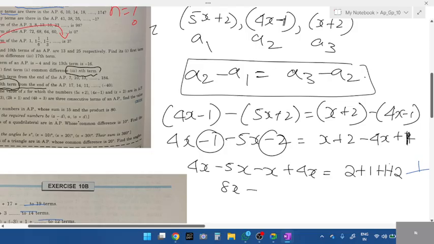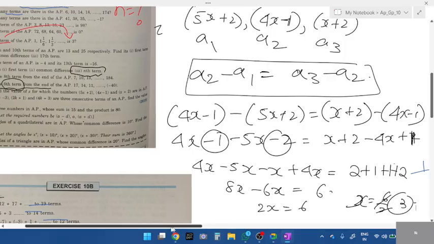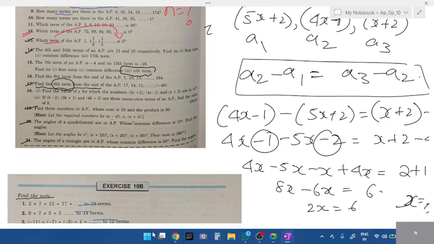Minus 5x minus x is minus 6x. 2 plus 2 is 4, 6. Then what do you get, students? 2x is, x is equal to 3. Understood how to solve?